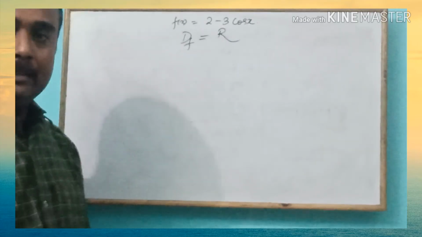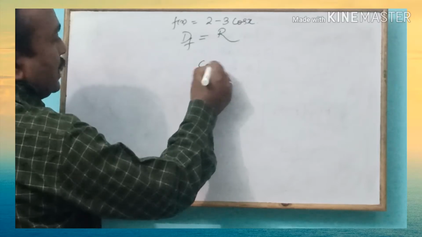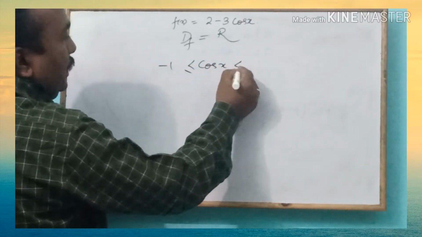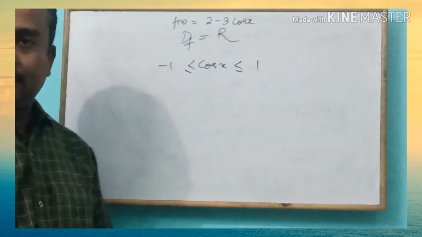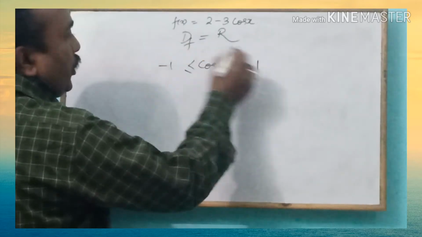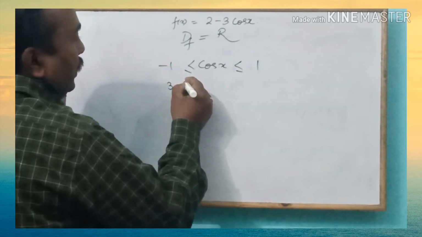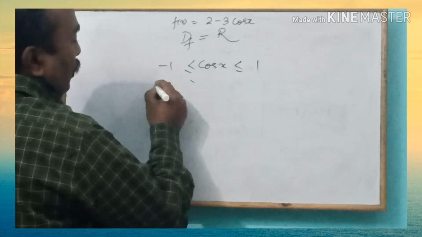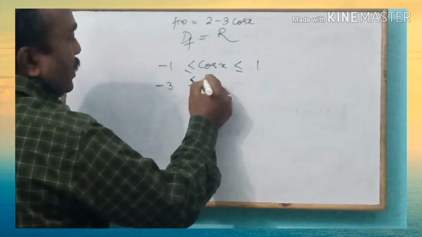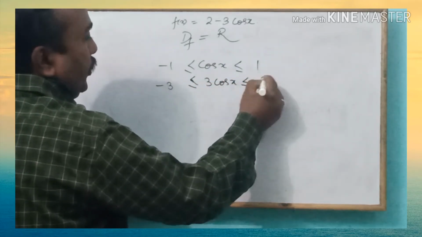Now the question arises, how to find out the range for this function? As I told you, cos x values are in between minus 1 and plus 1. I think there is no doubt in that. Now, let us multiply with 3, then it will be easy for us to understand. 3 cos x is less than or equal to 3.